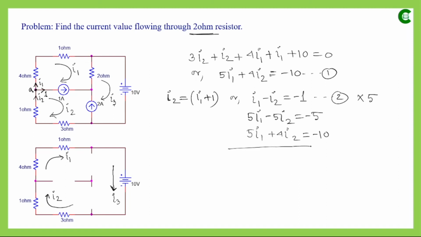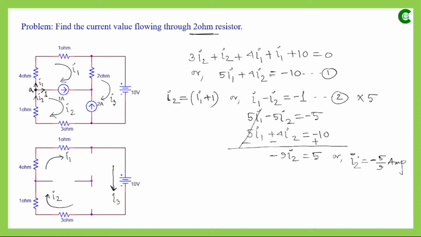If we simplify these two, I1 cancels out, and we get 9I2 equals 5. So I2 will be equal to minus 5 by 9 ampere.